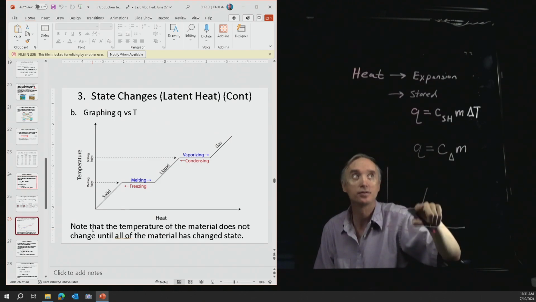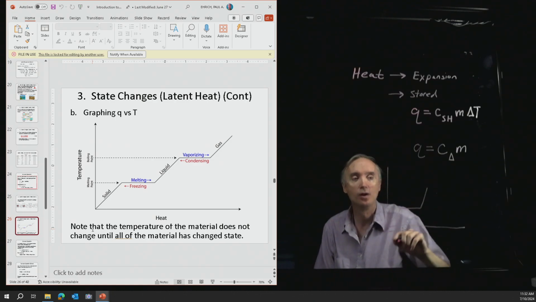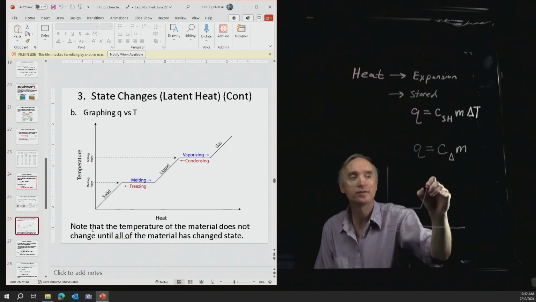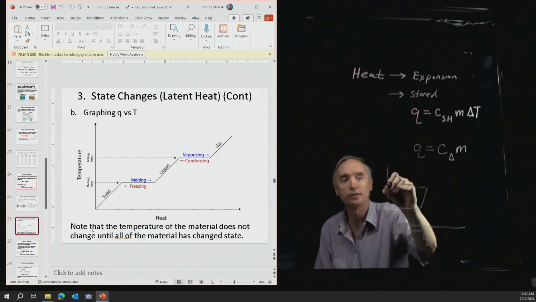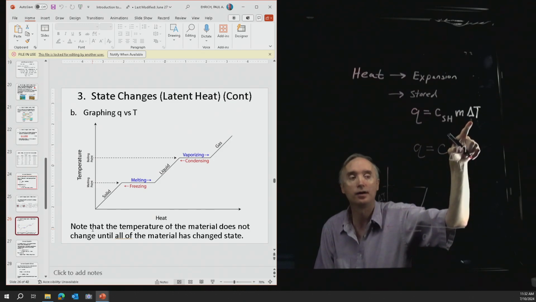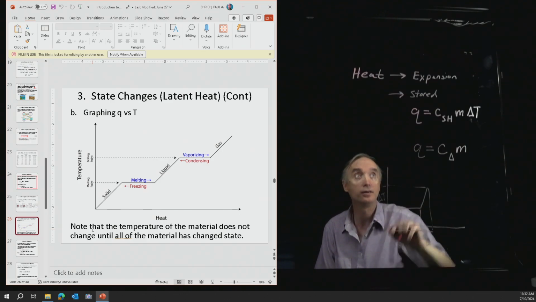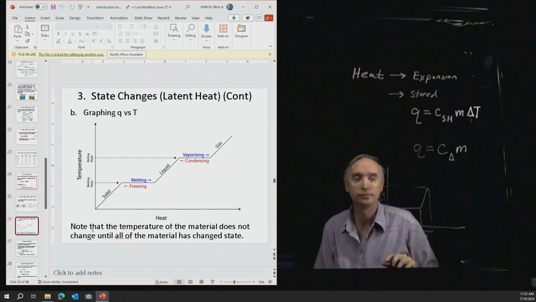It'd be a different specific heat constant. Now notice that the temperature is changing. So now you've got a different change in temperature from here to here, and that would be the delta T that goes into there. And then you have a certain amount of heat, Q. So this amount of heat right there is going to be this amount of heat.